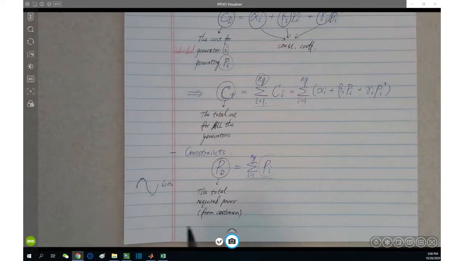While meeting the total power constraint, you need to somehow provide the required voltage magnitude and frequency, and they are very, very important. So we're leaving these two to the control systems. They're actually about control, how you control them to happen. And when we talk about money, we are talking about power and power only.